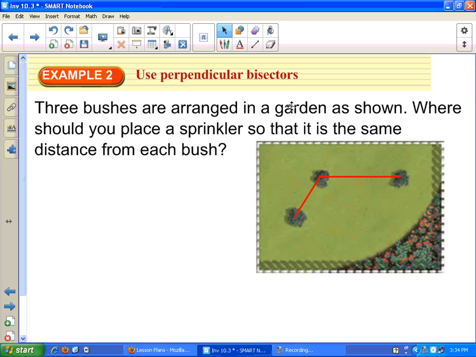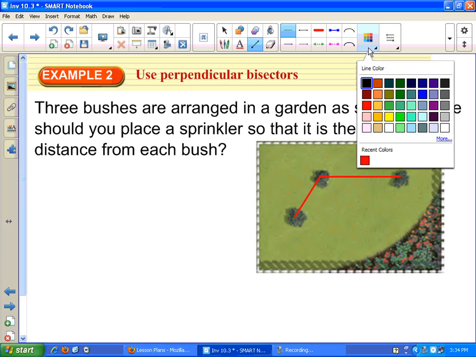But what we're going to do is apply that perpendicular bisector. So we're going to draw a third line and a fourth line. This time we'll make those a different color, a blue.